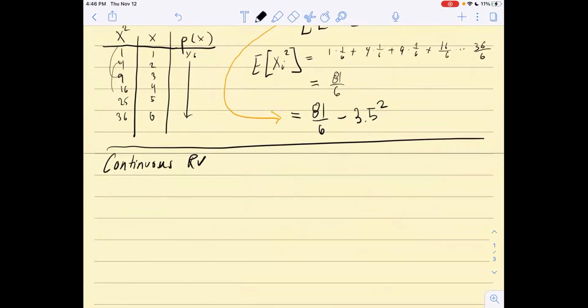So if you have a continuous random variable, the expected value of X is going to be equal to the area underneath the curve of the distribution times x dx.